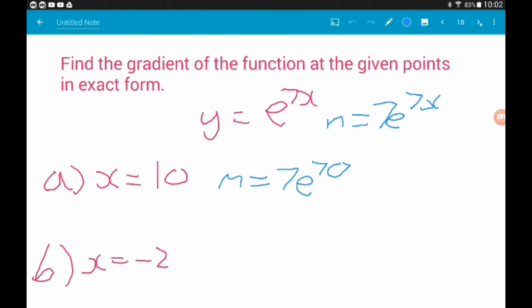And then for part b, we've got x equals minus 2. So m here would equal 7e to the minus 14. Now we could write that as 7 over e to the 14, like that.